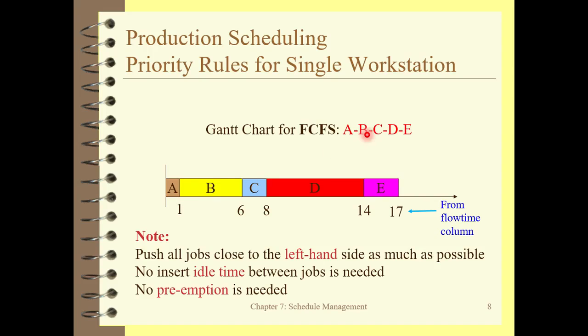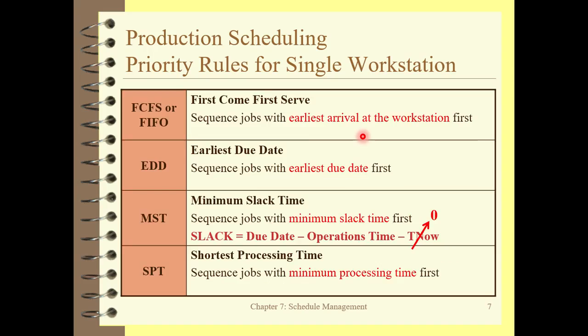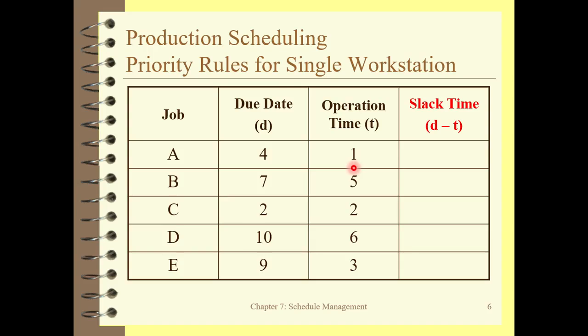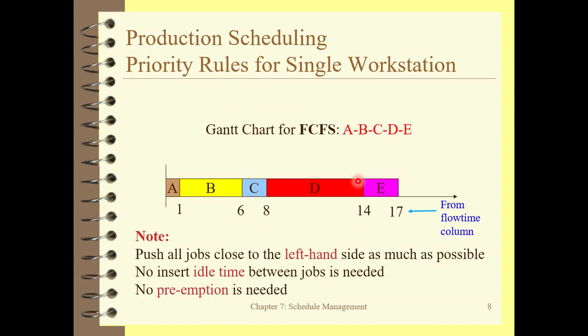And then according to the sequence that you already scheduled, the next one is B. B requires 5, and since A finished at 1, B cannot start before 1, right?